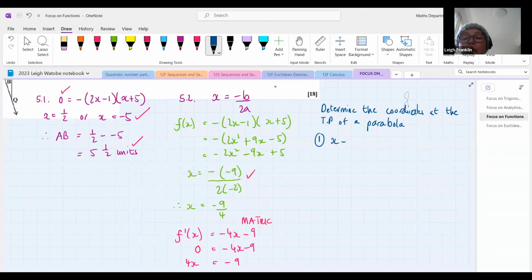Either you use x equals negative b over 2a, or number two, you use midpoint formula and your x-intercepts, if you have them, which we do in this case. Or you complete the square.